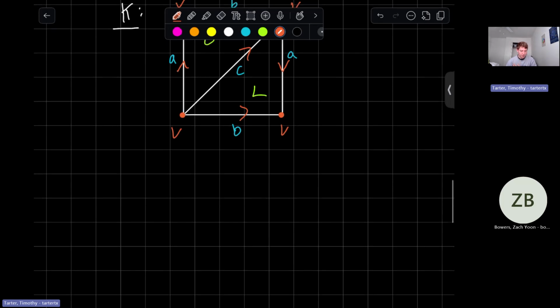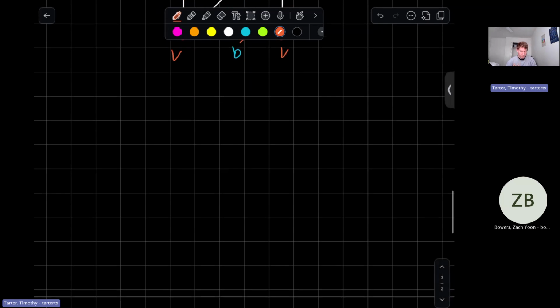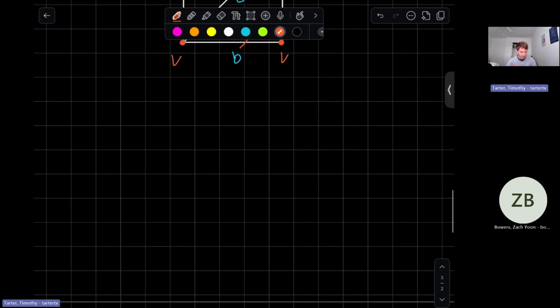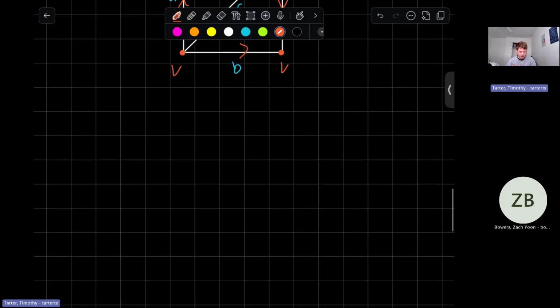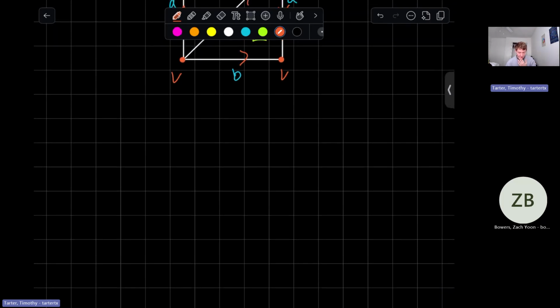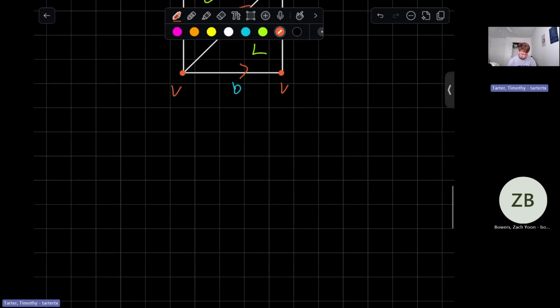Okay, delta complexes are a generalization of this idea using the n-dimensional analog of the triangle, the n-simplex. This is the smallest convex set in R^m containing n plus 1 points.